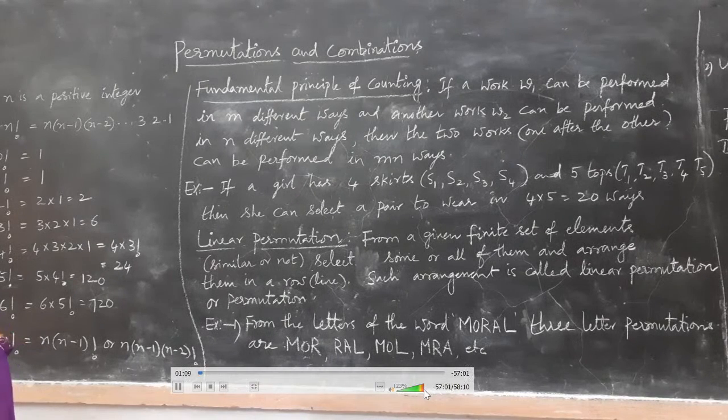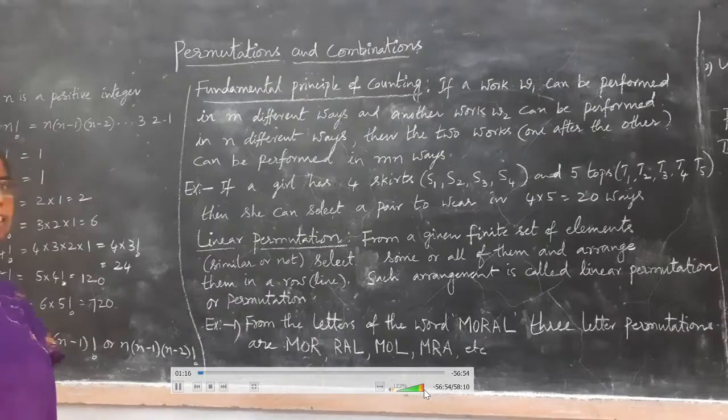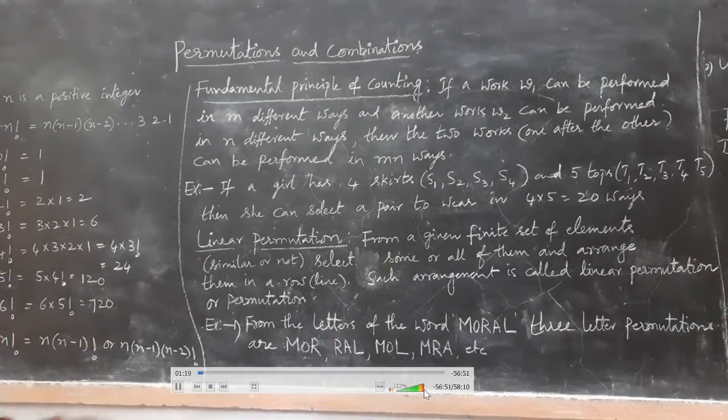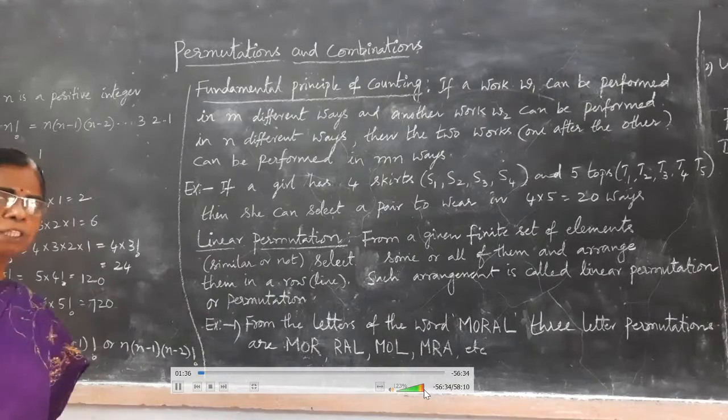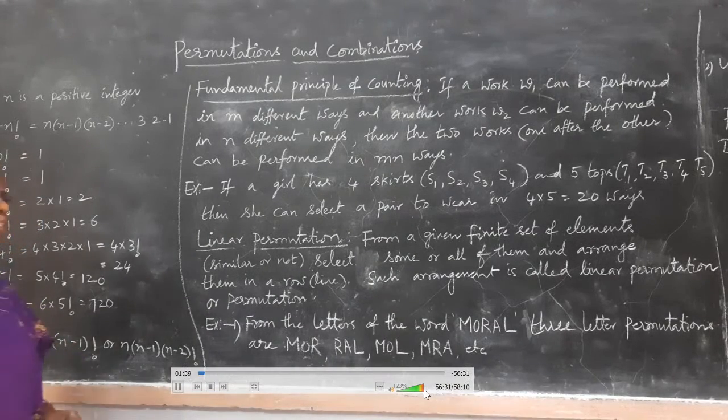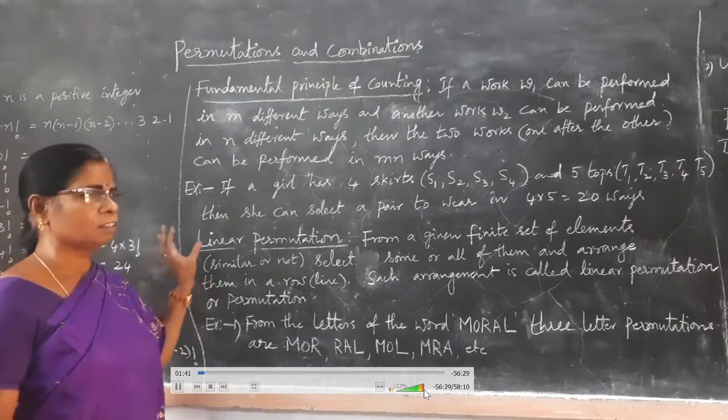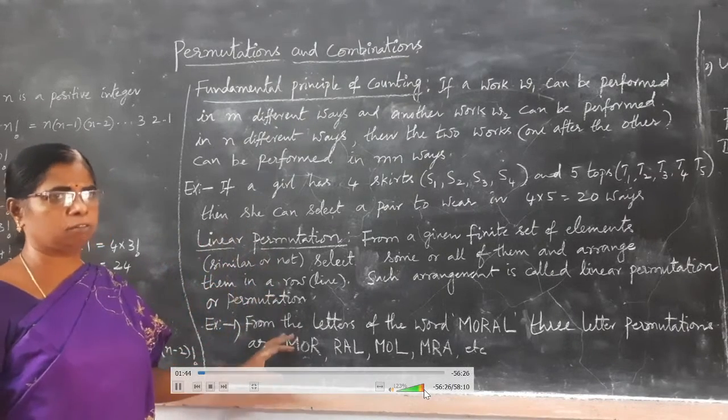We have to understand the things clearly. The major applications of permutations and combinations are in day-to-day life and in the theory of probability. In day-to-day life, suppose we go to a hotel, we have to select some items from the menu card.